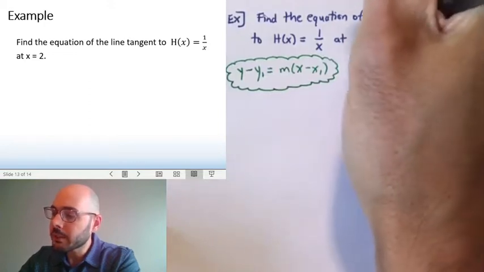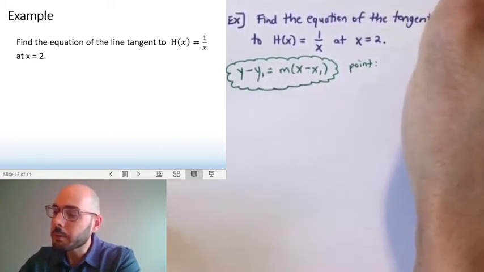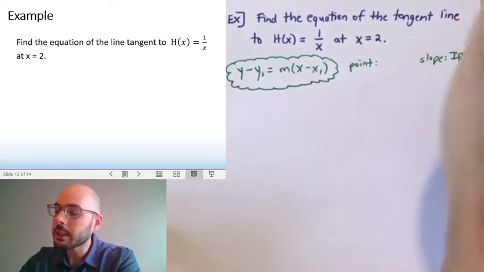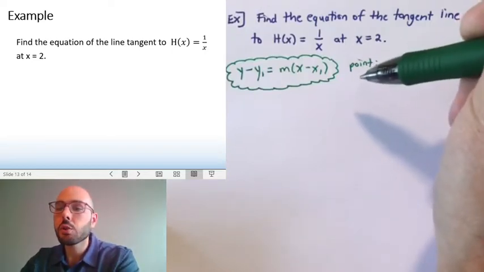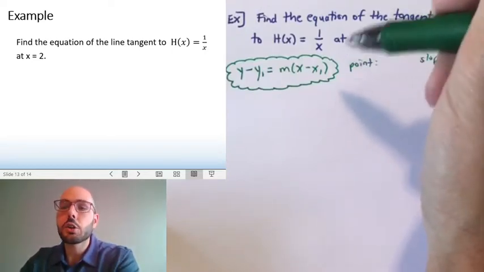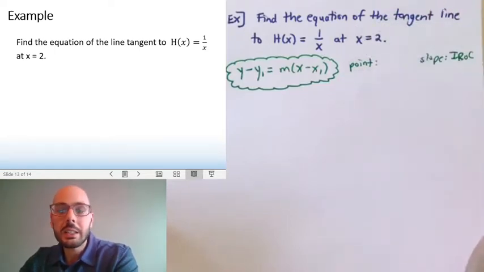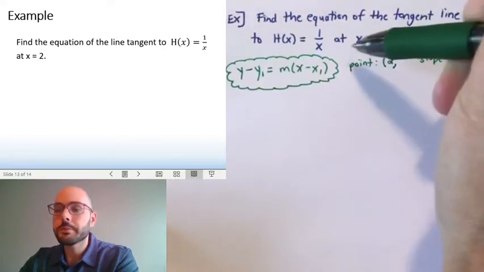And the two pieces of information that we're going to need are a point and the slope. So we should know by now that the slope is going to be our IROC, our instantaneous rate of change, so we're going to have to go through a lot of trouble to find that. But our point is usually given to us. Here it's actually not. We were given an x value, but we will need an entire point. So the x value of our point is 2.